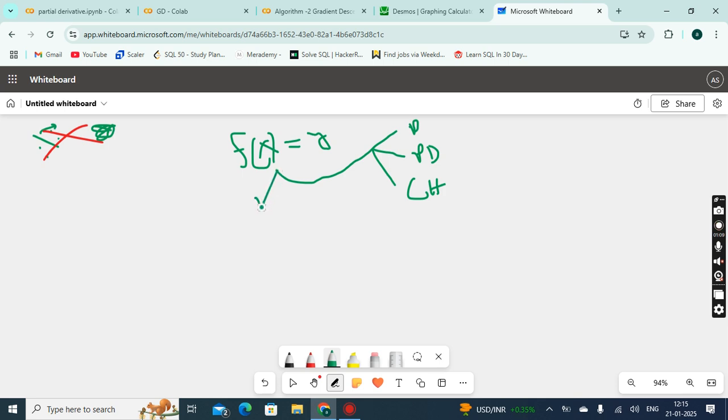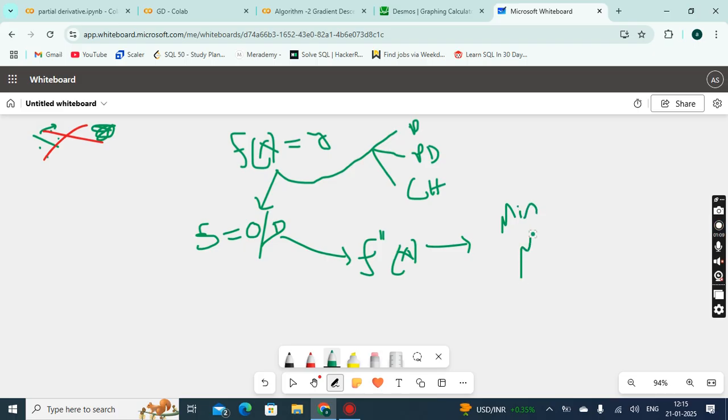Why is the derivation actually needed? Because to identify the slope where slope is equal to 0, we need derivation. Now, what is double derivation? Double derivation is nothing but a way to find your minimum value and your maximum value.